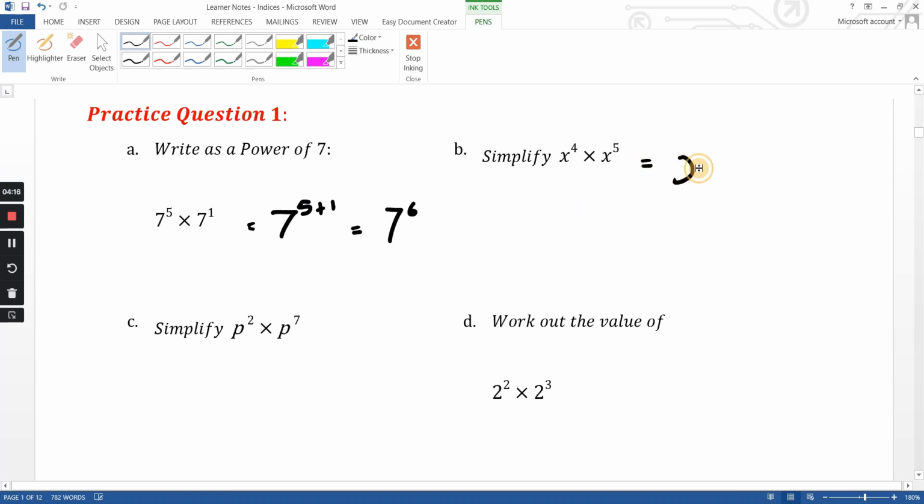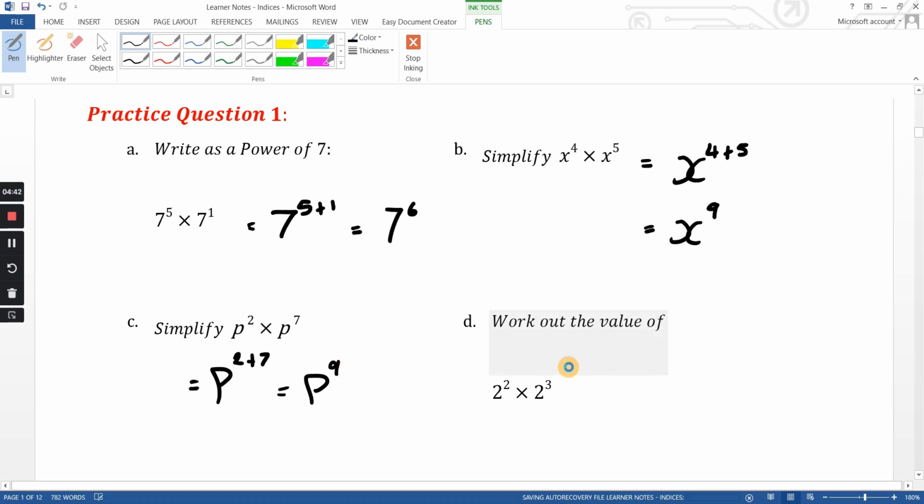You'll get x to the power 4 plus 5, which is x to the power 9. Next one, simplify p squared times p to the power 7. So that is p to the power 2 plus 7, which is p to the power 9.